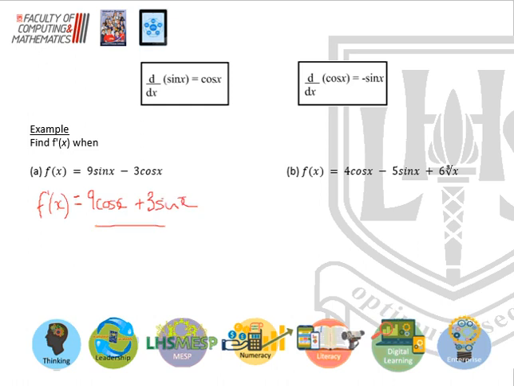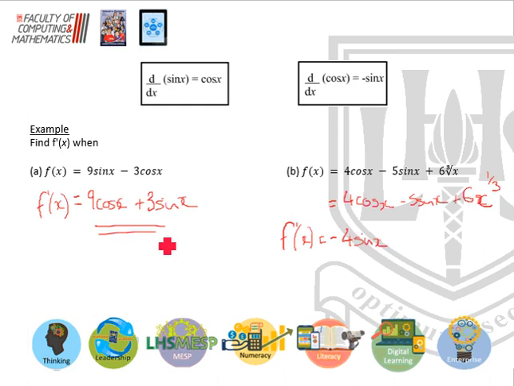That f of x is fine to differentiate for the cos and the sine, but that cubed root of x at the end is a problem. So it's 4 cos x minus 5 sine x plus 6x to the power of a third. Bit messy there, sorry. Which means your differential, 4 cos x, we know cos x goes to minus sine, so that would be minus 4 sine x.